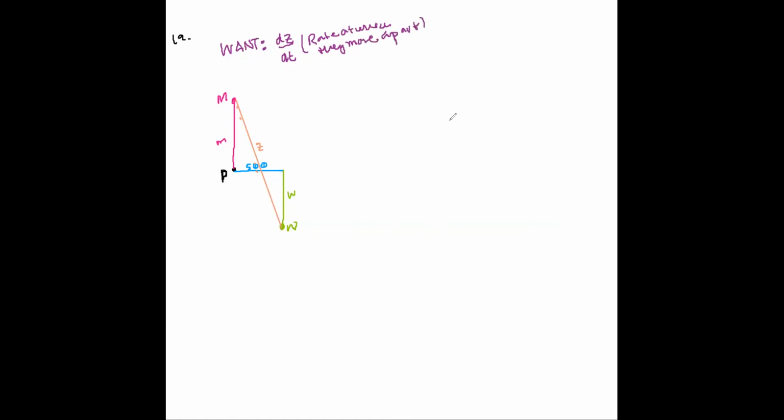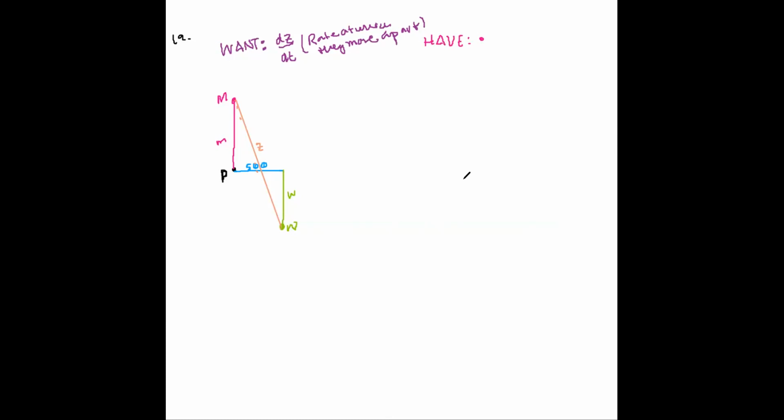All right, so that's a good start. Now let's take a look at what we actually have. And let's use the math, because we've labeled our figure, we can start using that lingo. So what do we have?